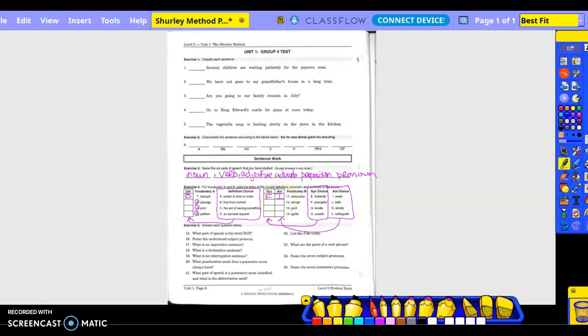What part of speech is the word not? So if I were to classify a sentence, what would I classify not with? We did that up in the top. And what was not? An adverb. Name the understood subject pronoun. You.